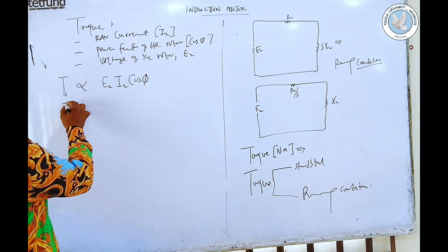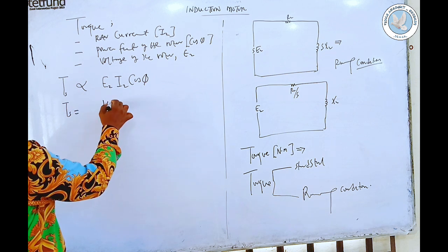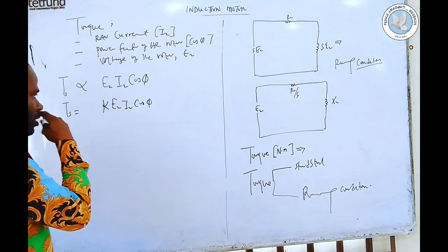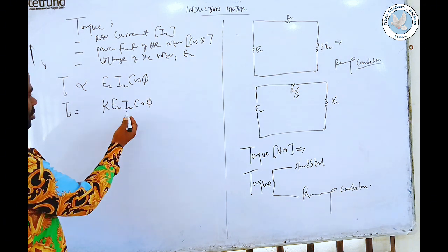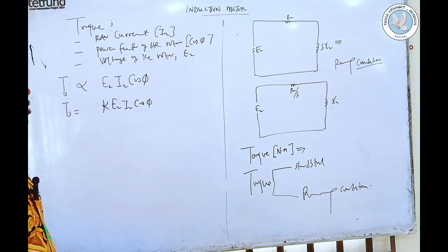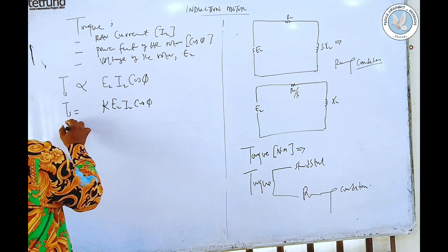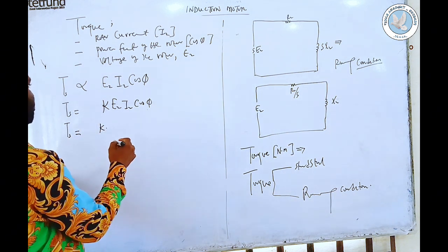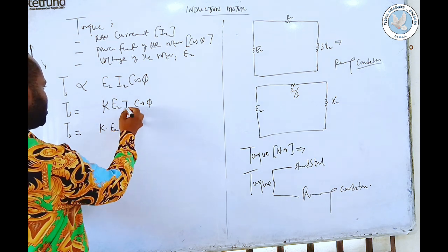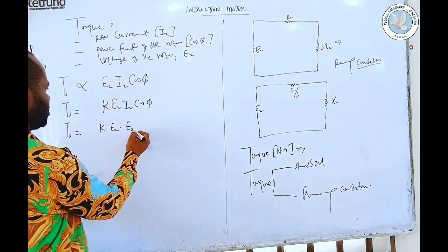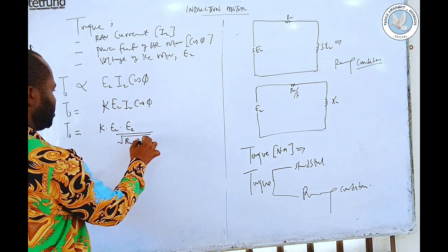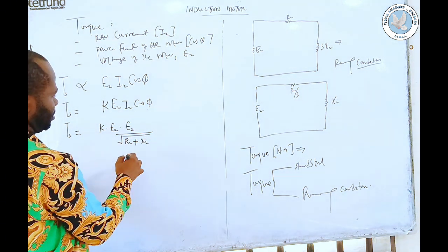So at this point, we can remove the proportionality sign and write this. When we are doing that, we can also replace this and this with the original formula that we've gotten, that is the power factor and the current. So we have that starting torque is equal to, we maintain this, this divided by resistance and reactance.